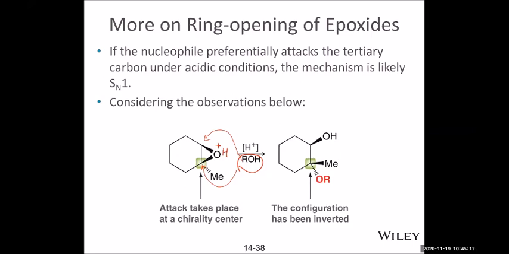Only the tertiary carbon forms a bond with the nucleophile. So this did not happen. Only this way happens, and for a similar reason, because this carbon stabilizes the positive charge better. So it makes it a more positive charge and more inviting for the nucleophile to form a bond.